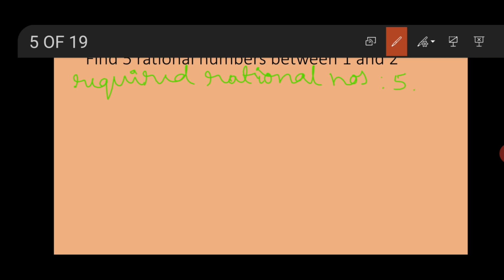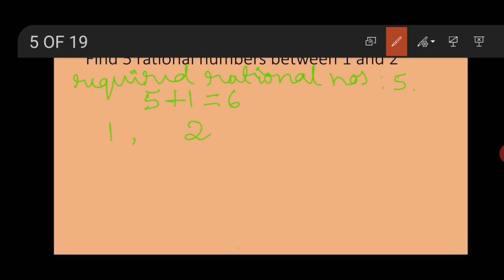How many rational numbers are required? 5 rational numbers. Add 1 to the required rational numbers, it is equal to 6. And what are the two integers given here? 1 and 2.